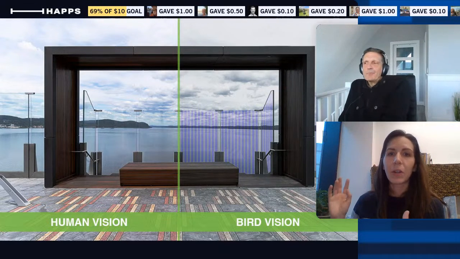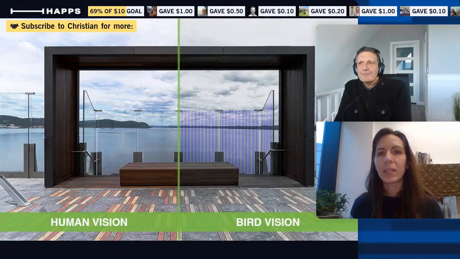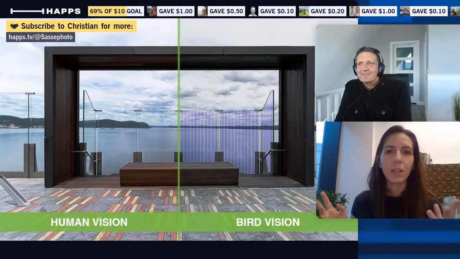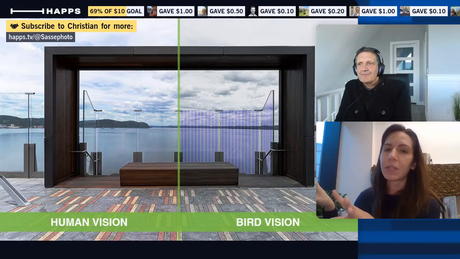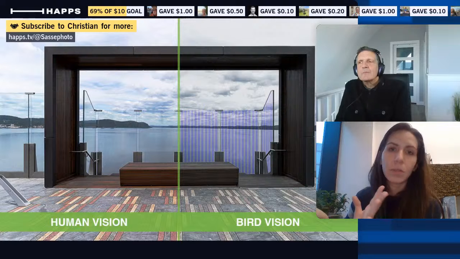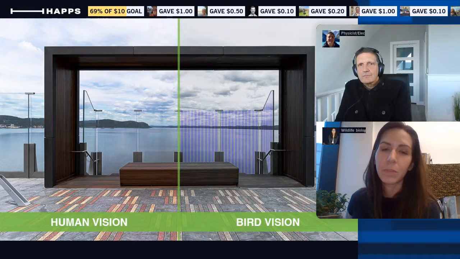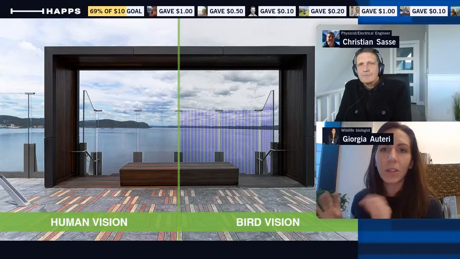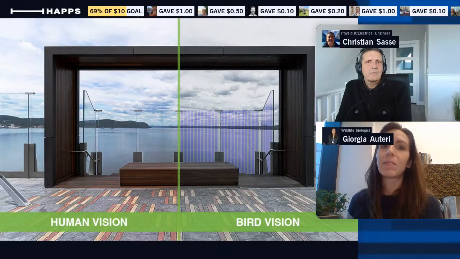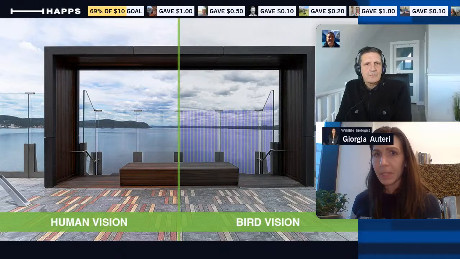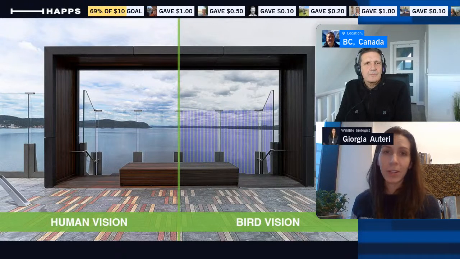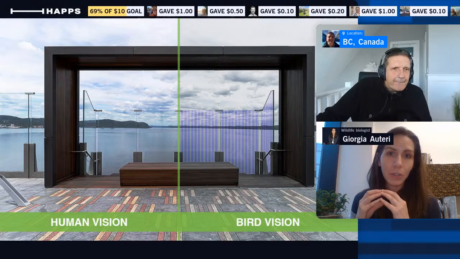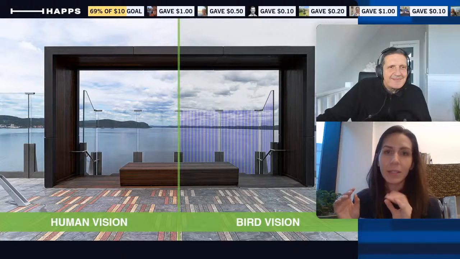Oftentimes, if you have lights on in a building at night, even just low safety security lights left on in office buildings, they're spewing a lot of light out into the nighttime through these windows. That can cause a problem for birds and bats as well, because you're polluting the darkness with your light. It can be very confusing, especially if you're a bird that's migrating at night. A lot of tiny birds migrate at nighttime because it's safer to travel at night, even though they're normally active during the day.